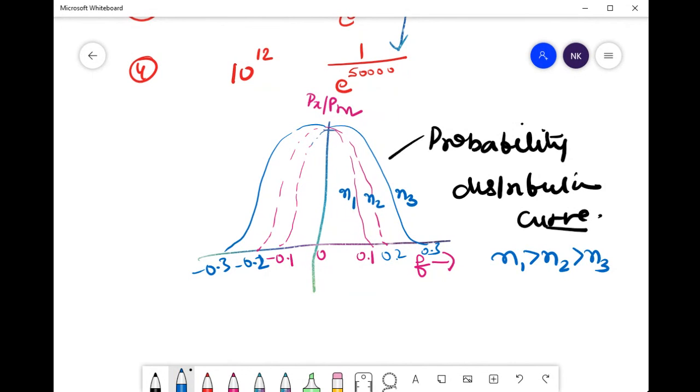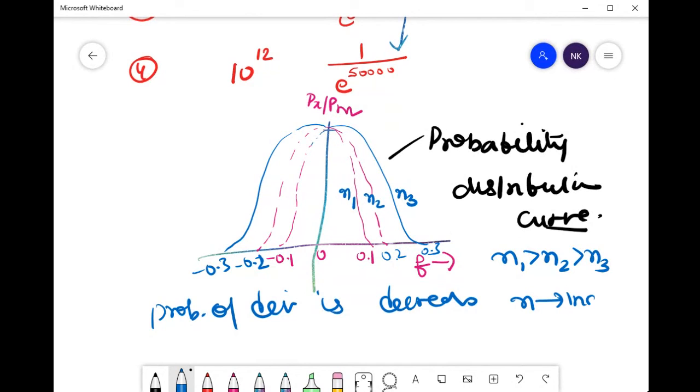So as the number of particles are increasing, the graph is getting narrower, indicating that the probability of deviation is decreasing as the number of particles are increasing.